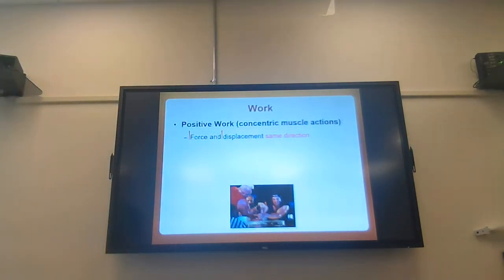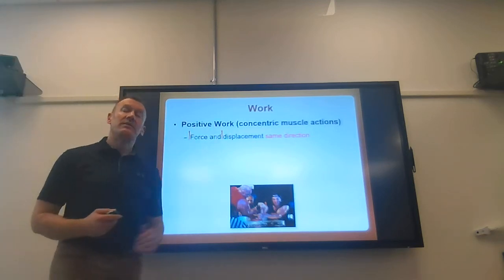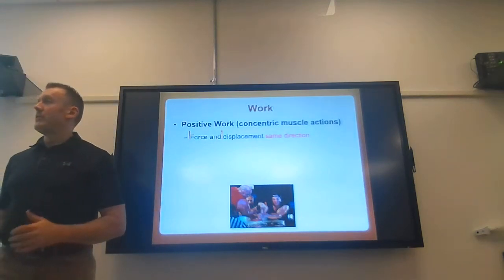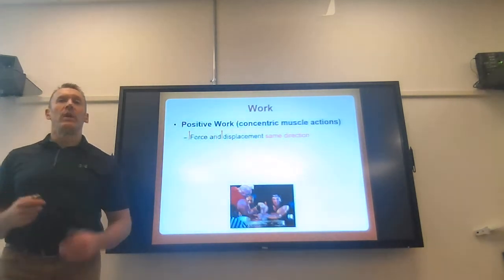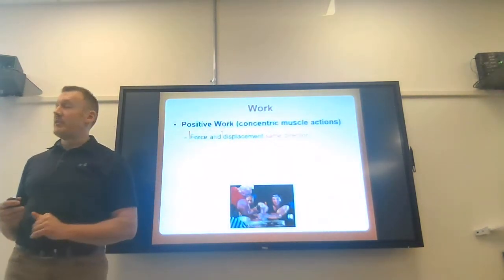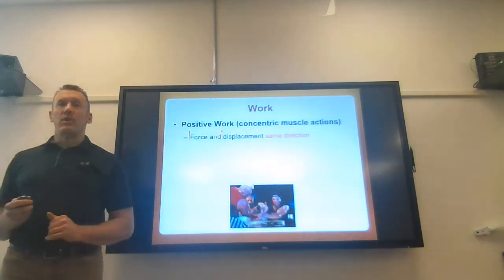Concentric muscle actions meaning a weight is lifted. So we're overcoming gravitational force, and the weight is being lifted. So the upward force you apply to the bar is in the same direction as the displacement. So if the reactive force is greater than the weight, the displacement is going to be positive, and so is the work.